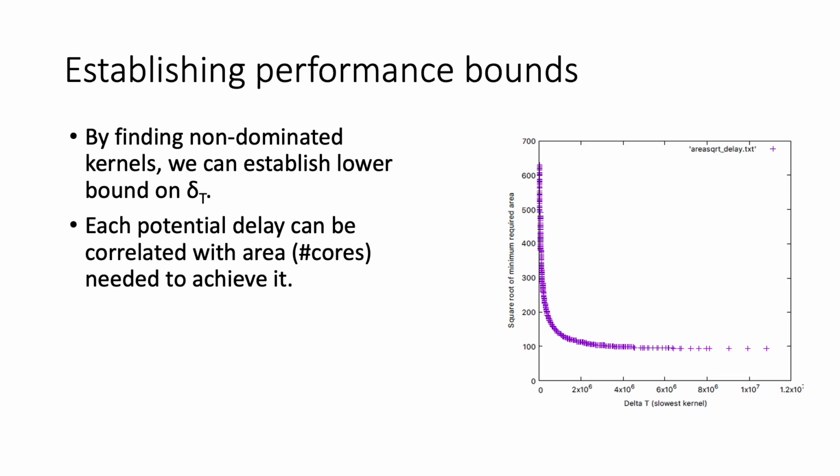So for the entire graph, we can find the minimum number of cores that are needed to hit that delta t target. That gives us a lower bound on the possible performance. We know how fast this thing could possibly run. And we can also get a curve that shows how fast this is theoretically possible based on the different number of cores. And that's what's shown on the right.